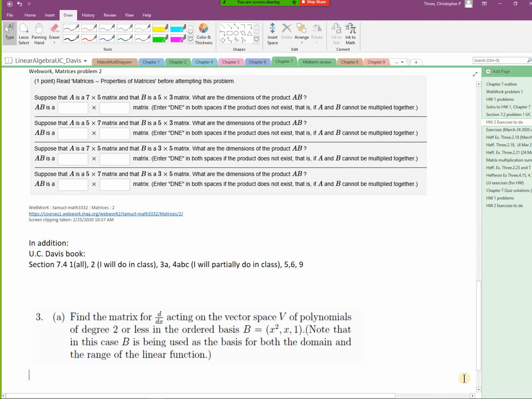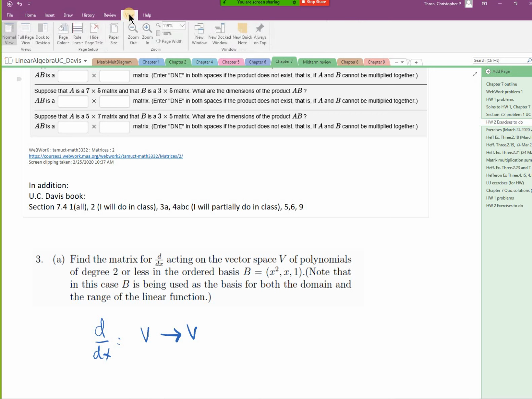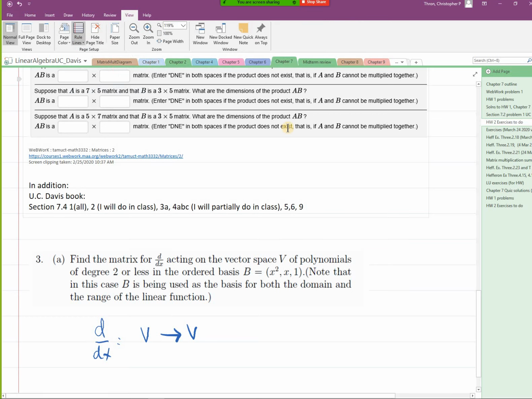All right, so now, this is a function. What you have here is d/dx is a function from V to V. Okay, let me put my lines on too. Okay.